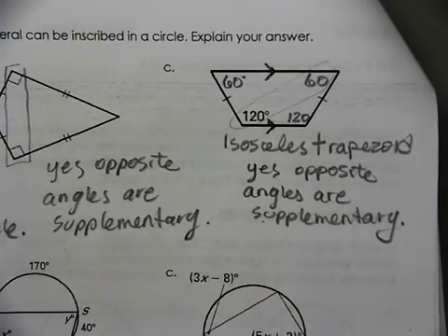And since opposite angles are supplementary, we know that this isosceles trapezoid can be inscribed in a circle.